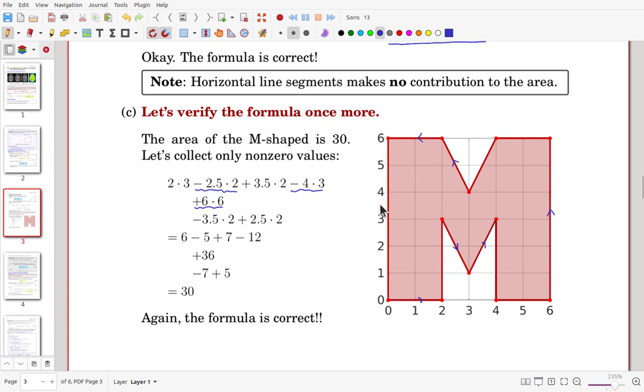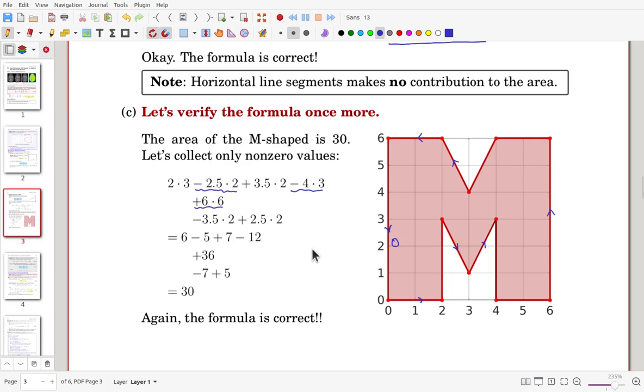For that one, the x value is 0, so even though the change in y is -6, going down from 6 to 0, the x value is 0, so again, no contribution. So we have all the non-zero contributions here. We simplify, and then we can get 30. Okay, the formula is correct for this example also.